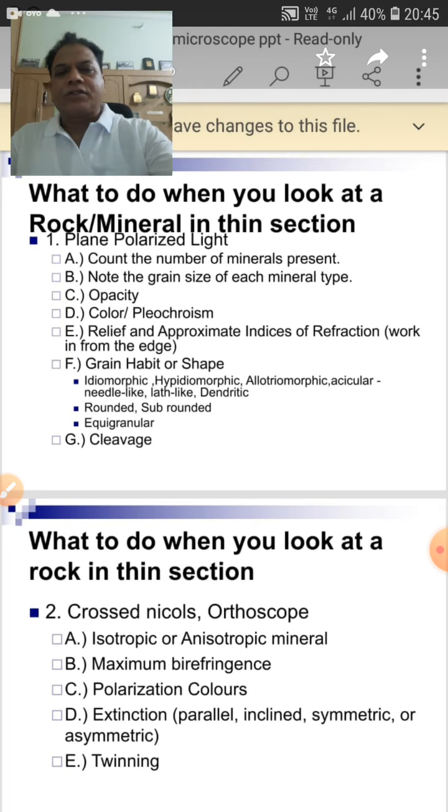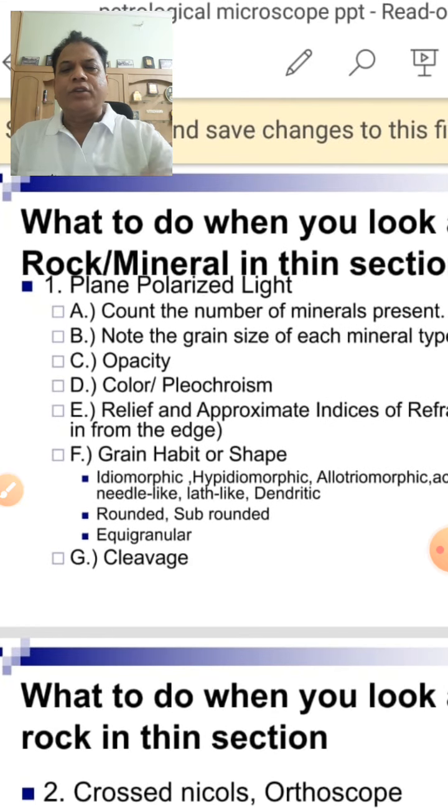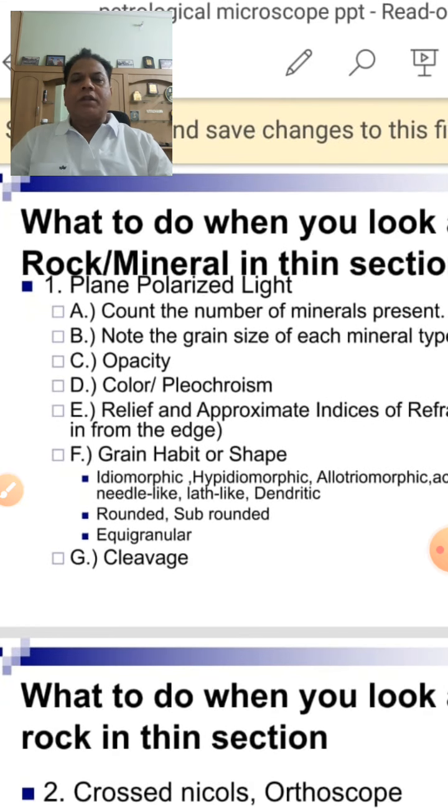For that purpose, I have just told you that there can be three arrangements in the microscope. One is that we are studying in plane polarized light. When the microscope arrangement is such that one Nicol prism is inserted, that is called plane polarized light.